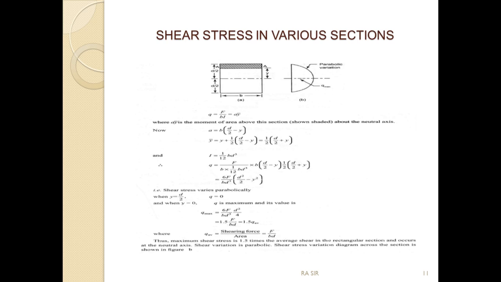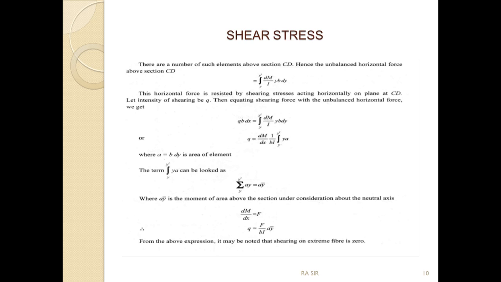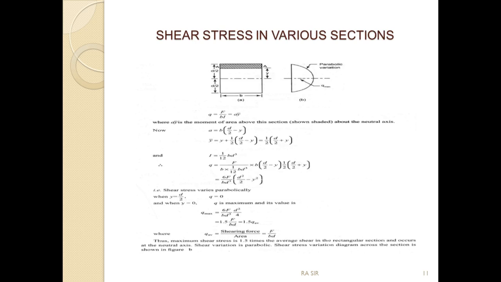So we substitute the value of A, the value of y bar, and the value of I in this equation, right? This gives rise to 6F by b d cube times (d square by 4 minus y square).